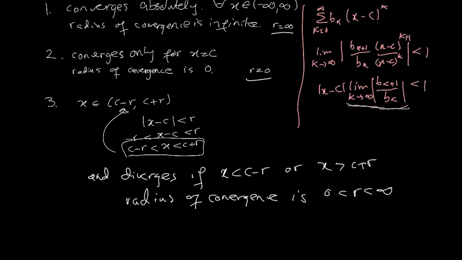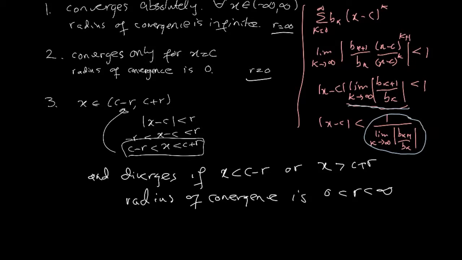So let's proceed further. |x minus c| is then less than 1 over the limit as k goes to infinity of |b_(k+1) over b_k|. Let's say that this number here is the number r.